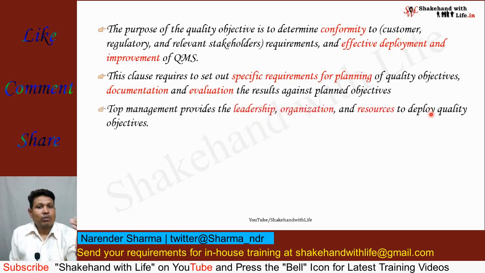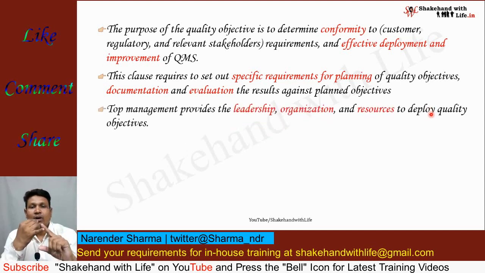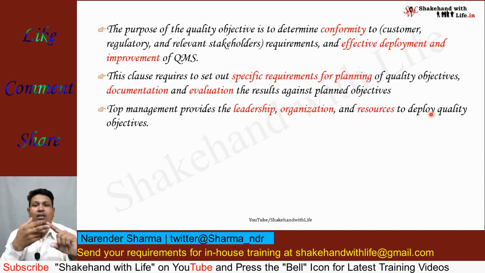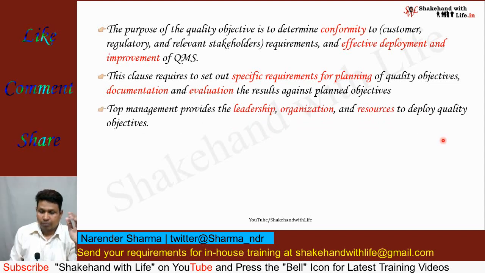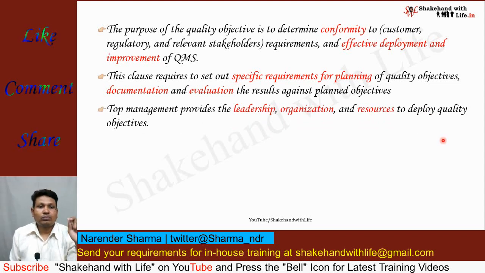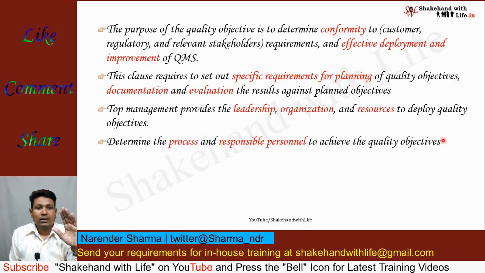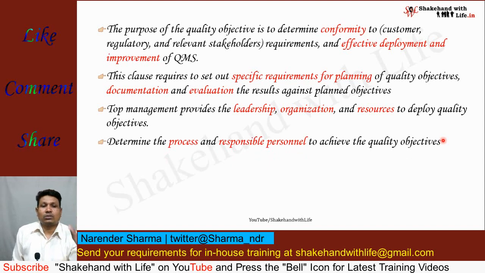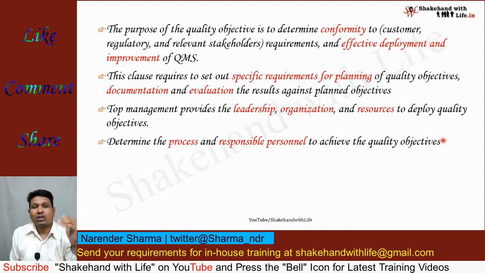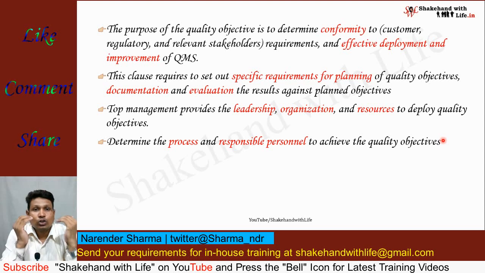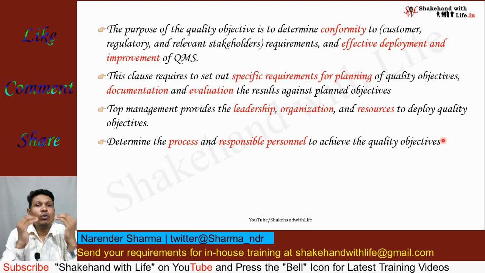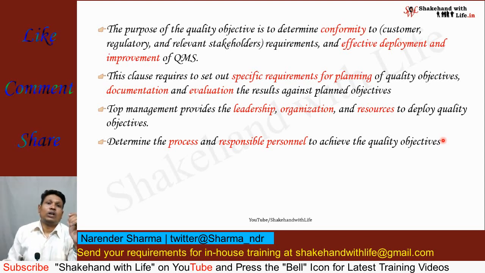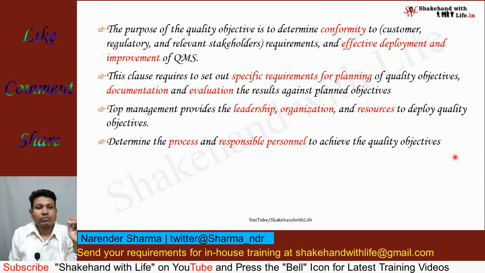The top management provides first leadership, second organization, and third resources to deploy the quality objectives for the quality management system. Top management also determines which process should be adopted to achieve the quality objectives and who will be the responsible person.